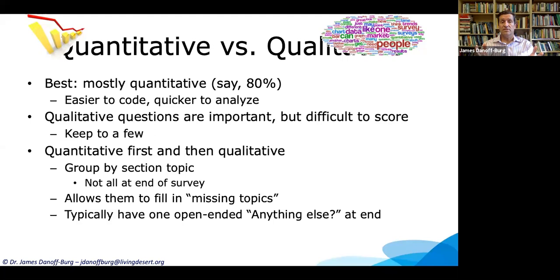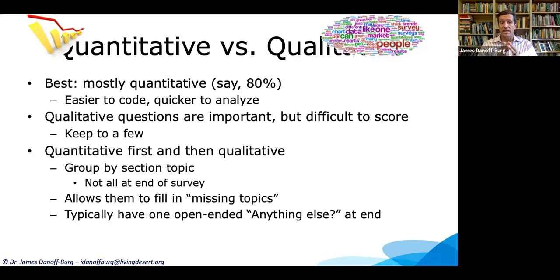And the quantitative questions are great. The qualitative questions help to fill in the missing data, and they provide people the opportunity to answer your questions with information that they weren't able to put into the quantitative data because it is so focused, right?